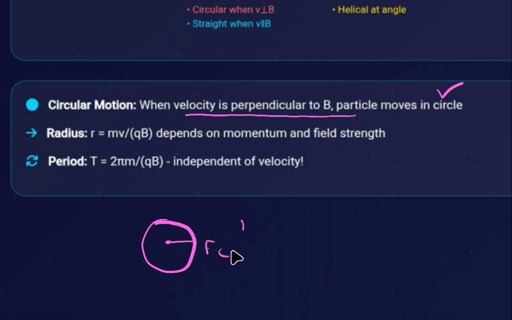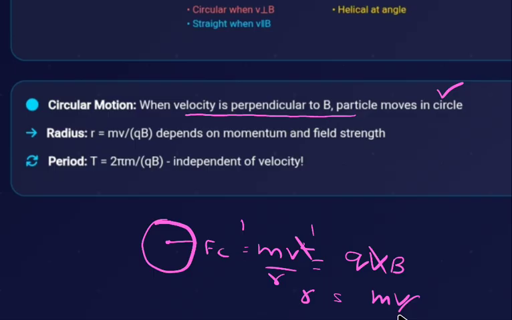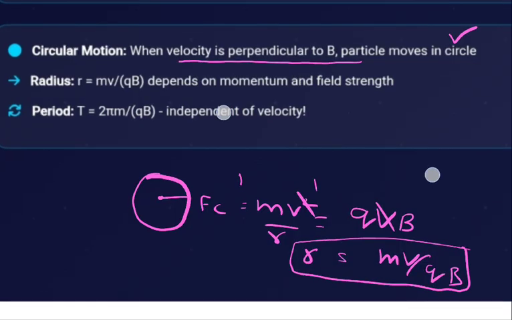Centripetal force, which is written as mv square by r, is equal to the magnetic force qvB. Here one v and v get cancelled. So remaining, I want the r value, that is equal to mv by qB. Like this we got here.